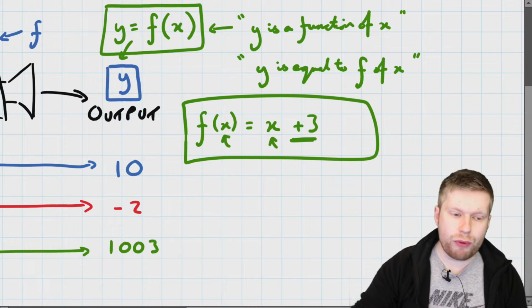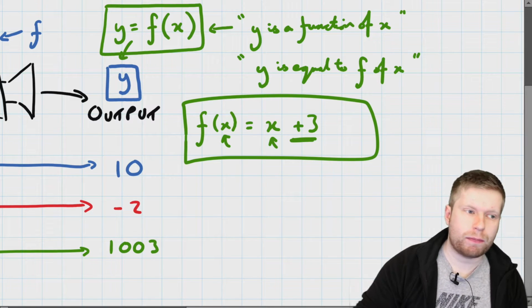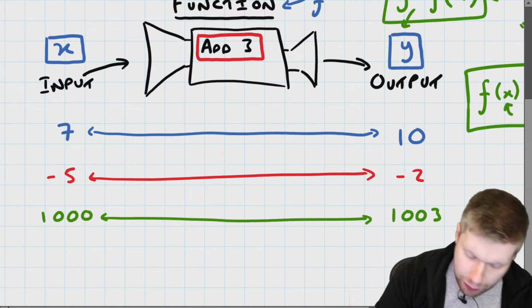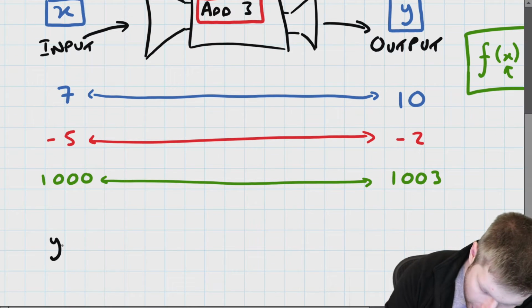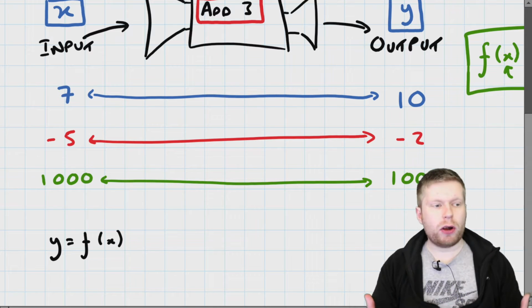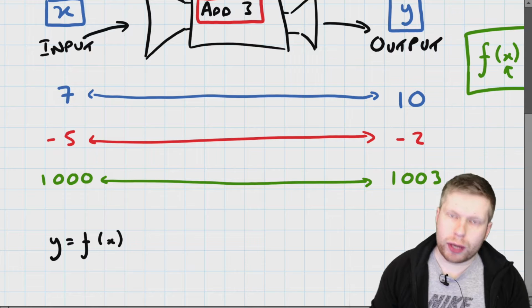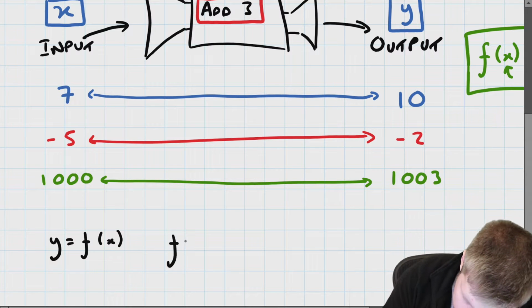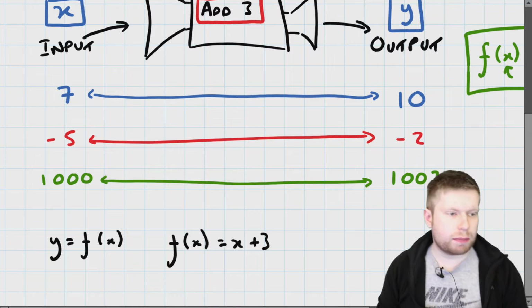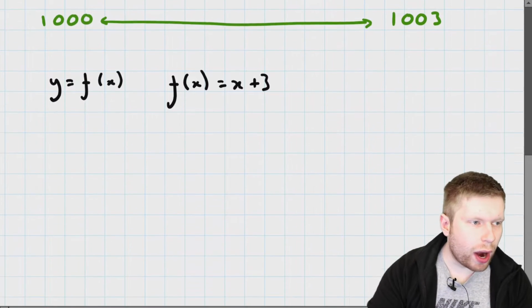That's really, really crucial and important. So now we've got the idea of the notation in our head, we can basically say that if y is a function of x, in other words, my output is y, my function I'm calling f, and my input I'm calling x, and I know that my function, f of x, is equal to my input plus 3, or just simply x plus 3, then I can write this more neatly.